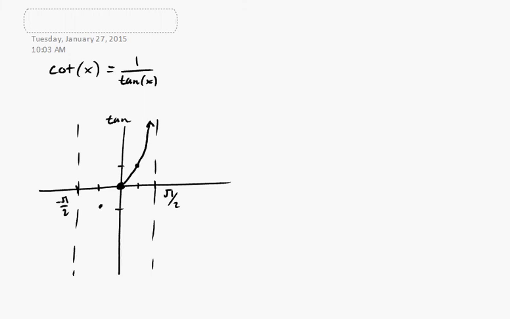And then we have this shape. Now if we continue this on here, this next asymptote would be pi above the last asymptote, because the period here is exactly pi. So pi plus pi over 2, that would be 3 pi over 2, and this would repeat.